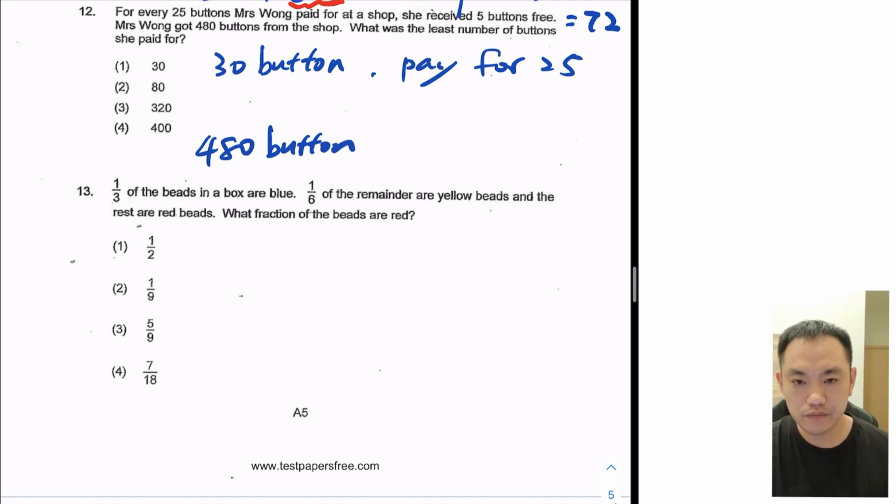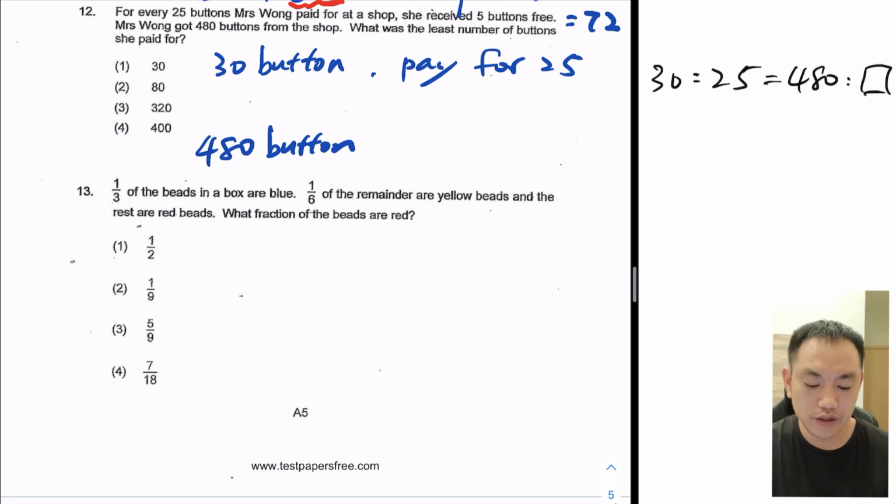You can do this as a ratio, or it's quite straightforward actually. So 30 buttons, pay for 25. Then she got 480 buttons. How much did she pay for? You can tell from 30 to 480, you times by 16. You can take 480 and divide by 30, which is 16.